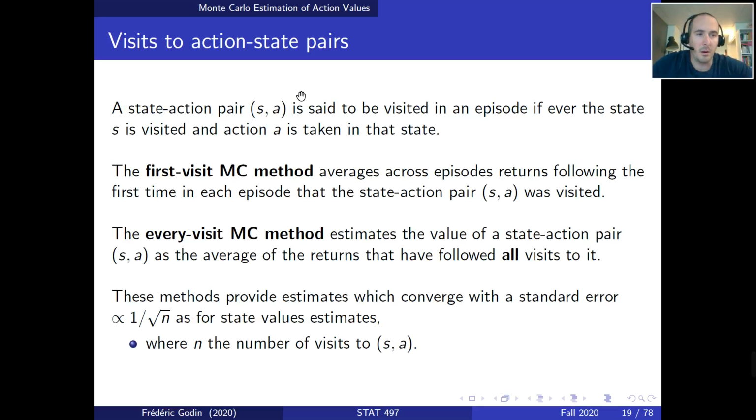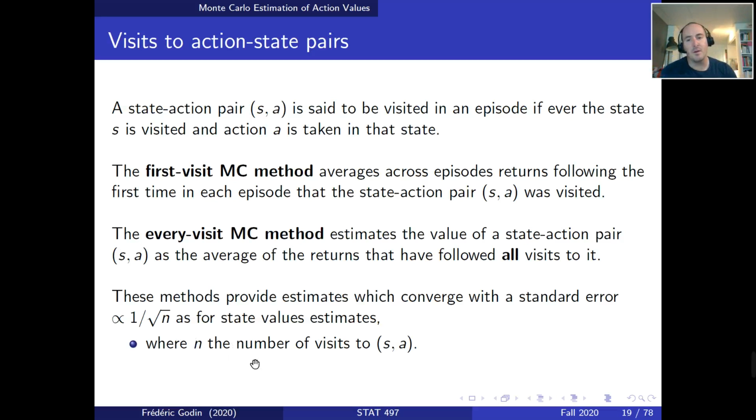Okay, so again, proofs are omitted, but these methods provide estimates which will converge to the true value with probability 1. So this is the law of large numbers, and the standard error of this estimate is proportional to 1 over square root of n, where n is the number of visits to the state action pair SA.